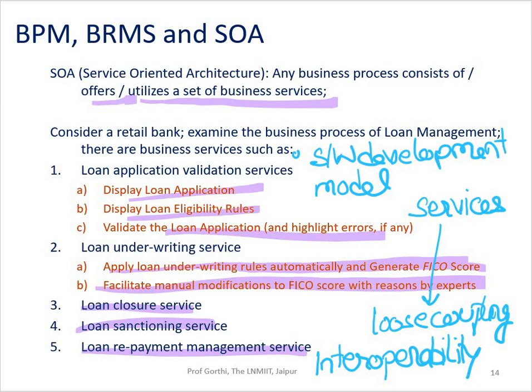Right, so things will be much more clear when we go ahead with your basic definitions of architecture, but at this moment of time, let's stick to these definitions only.